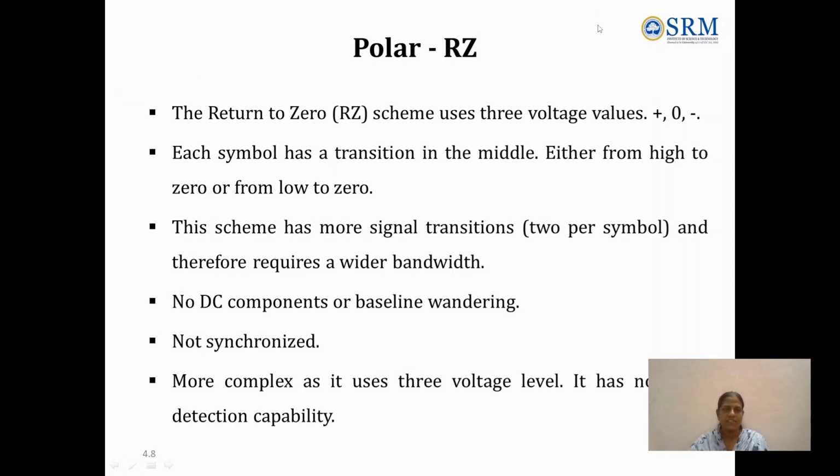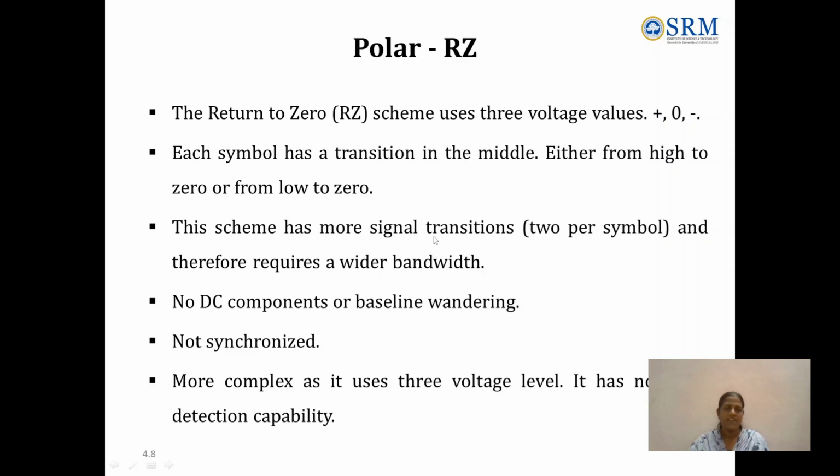Coming to the next technique, which is called polar return to zero. A return to zero scheme basically uses three voltage levels. You could see it is using positive, zero and negative voltage. Here each symbol will have a transition in the middle, either from high to zero, or from low to zero.